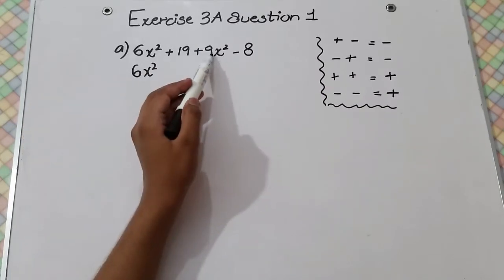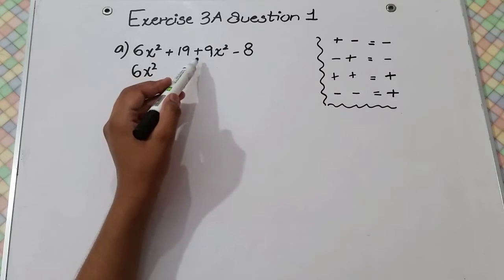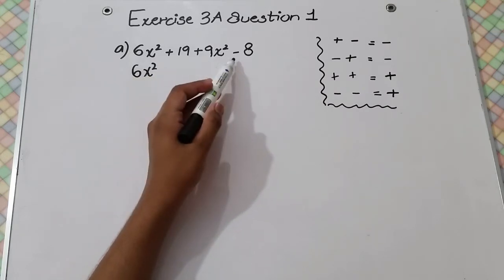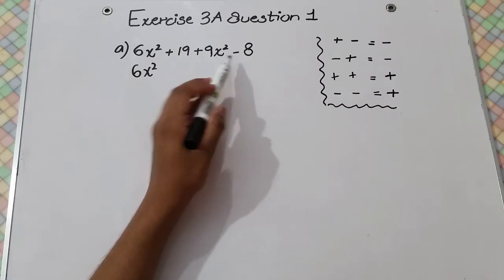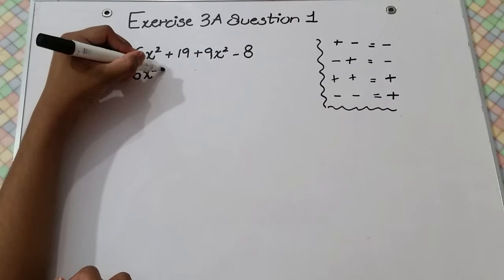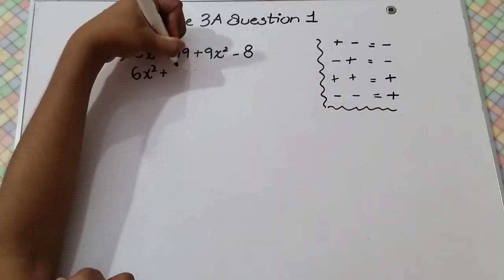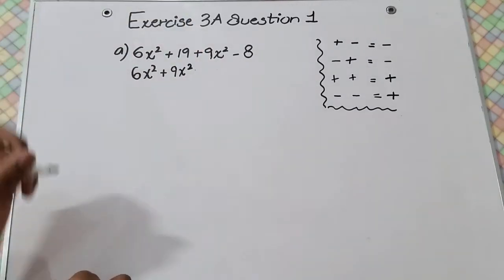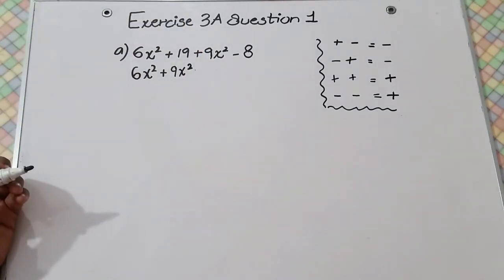So we are having 9x square. So what is the sign with 9? We are going to use this sign, so we are going to write plus 9x square, as this is a like term.